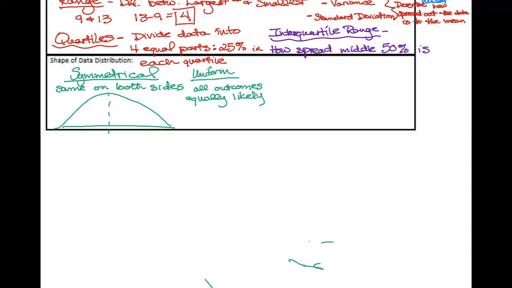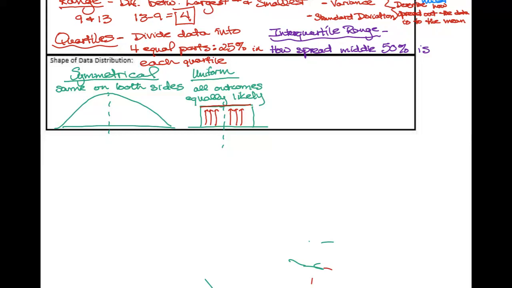So that picture is going to look like a rectangle, because whatever it is you're talking about, they all are up here at the top. Okay? They're equally likely to happen.